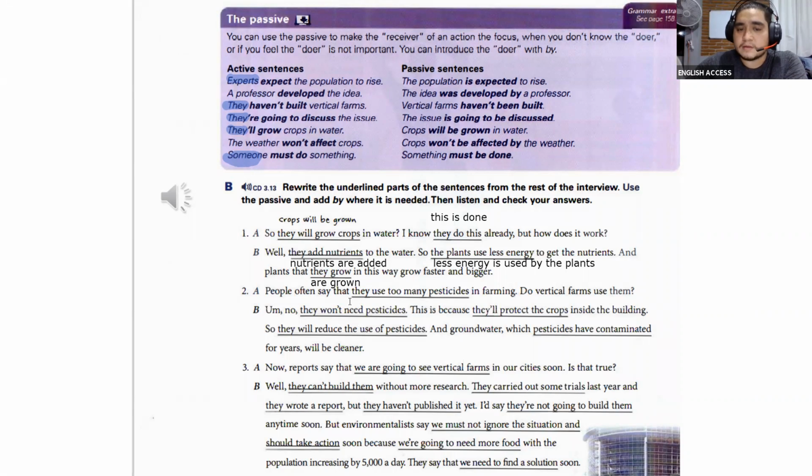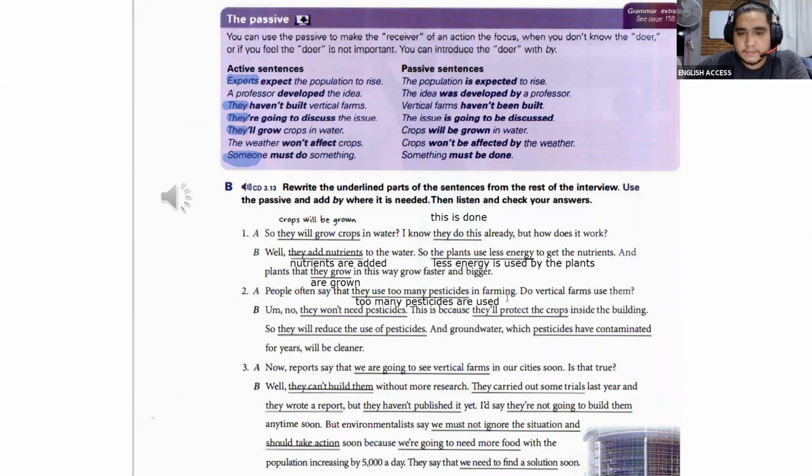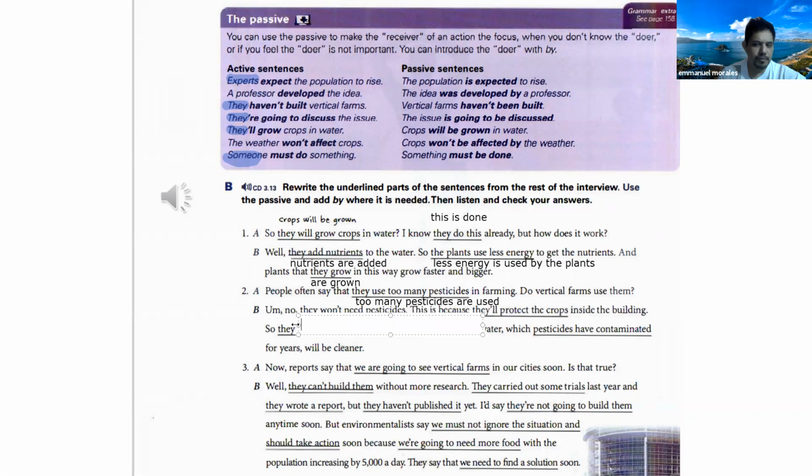How would that be? Too many pesticides are used in farming. They won't need pesticides. How would that be? Pesticides won't be needed.